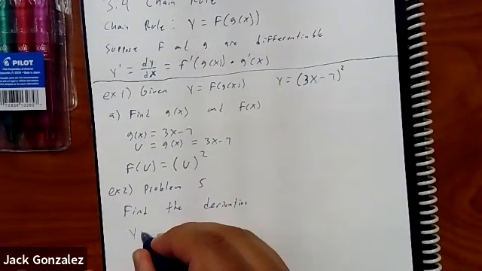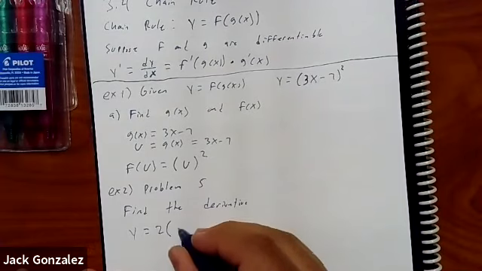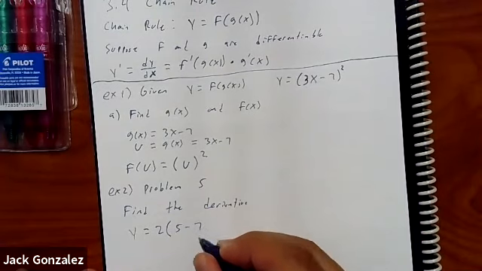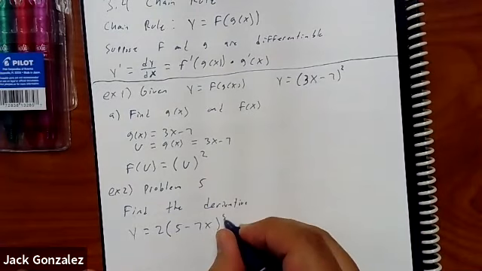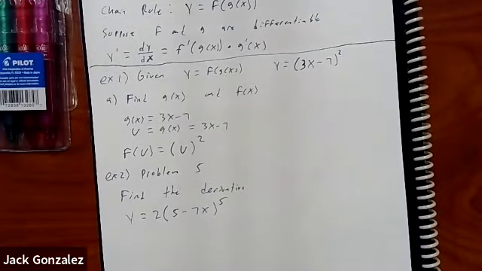I'm going to relabel it as y is equal to 2 times (5 minus 7x) to the 5th. So the outer function is the 5th power, right? The inner is 5 minus 7x.